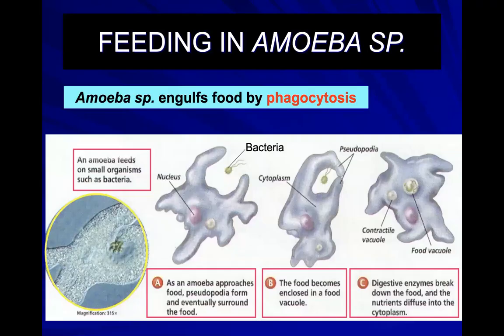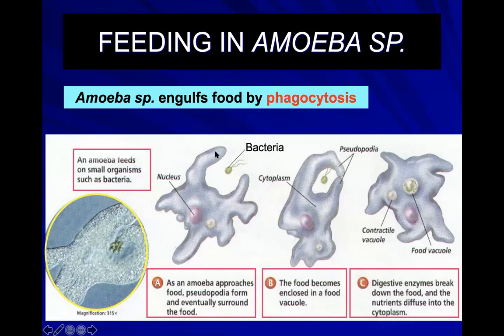The next one is in terms of feeding. The name of the process where the amoeba feeds is known as phagocytosis. Actually it is quite the same as when they want to move. What will happen first is that amoeba will form pseudopodia.